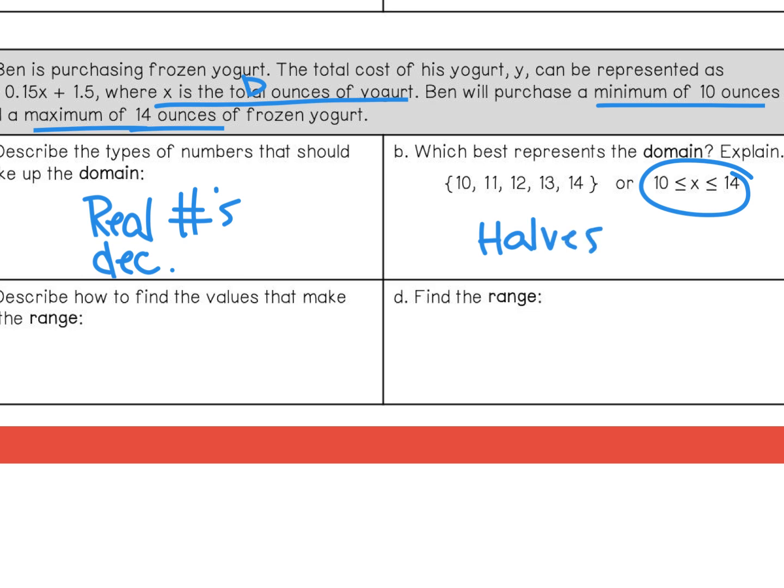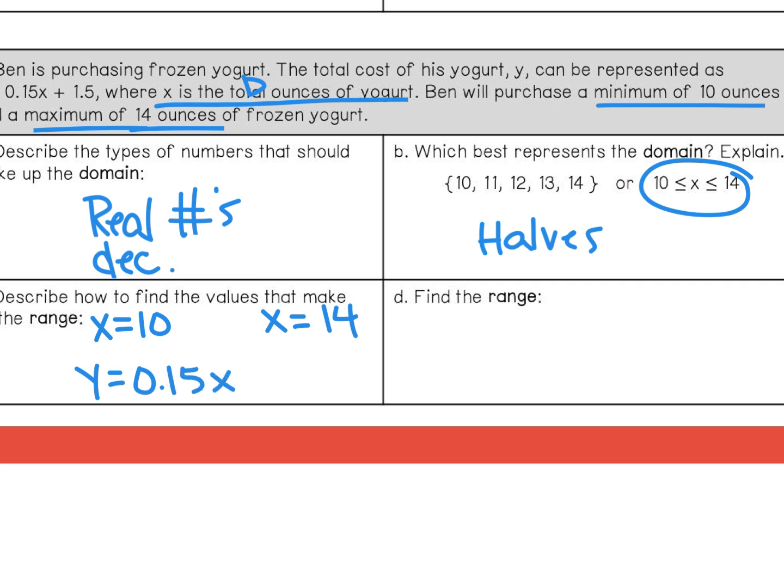So how are we going to find our range? Okay, this is a little trickier. We know, what is the minimum amount that they bought? 10. So our minimum X is 10, and our maximum X is 14. So we are going to have to take this equation and solve twice.